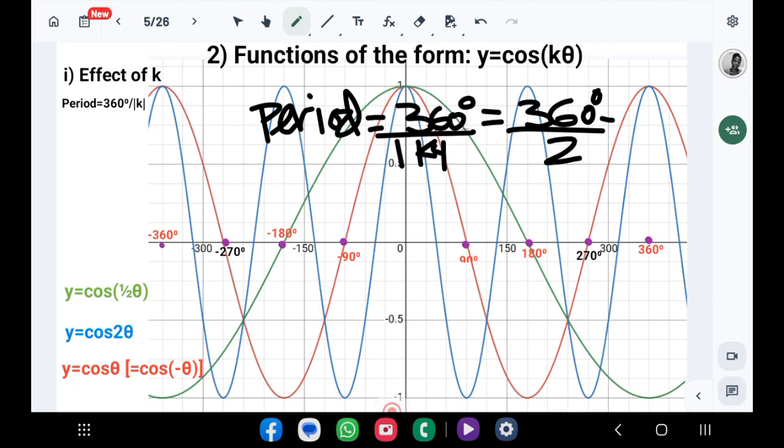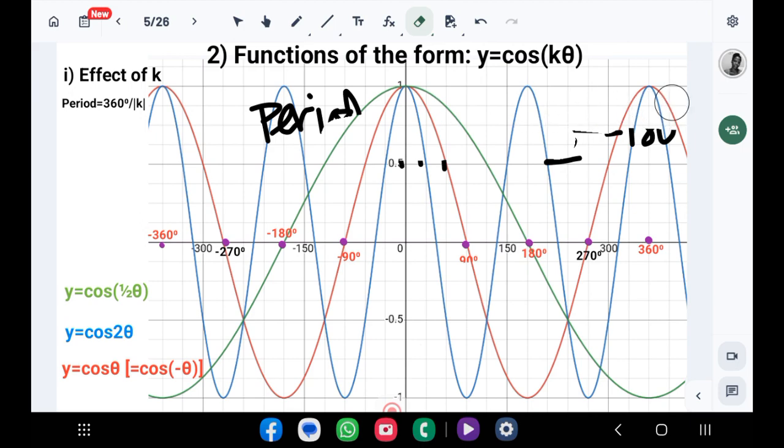So 360 divided by 2, that is 180 degrees, meaning that you will need only 180 degrees to complete this cycle. Also, alternatively, it also means that you will fit 2 full complete graphs in a space of 360 degrees. Now let's look at the blue graph, which is y equals cos of 2 theta.